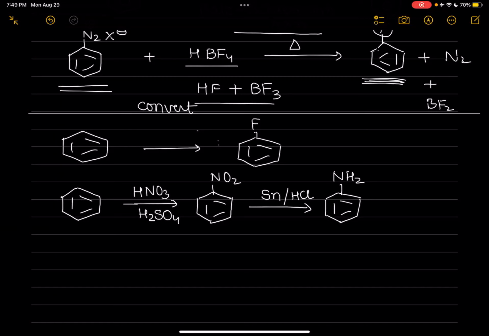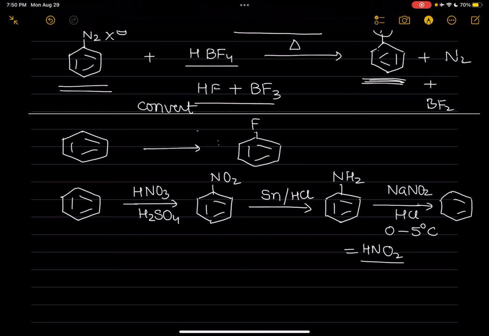Now NH2 can be converted into diazonium by taking NaNO2 plus HCl. You need to keep the temperature low so that you can protect the diazonium. Sometimes they write nitrous acid also, HNO2. And then we have to react it with copper powder, no? No, not copper. That was for chlorine and bromine.